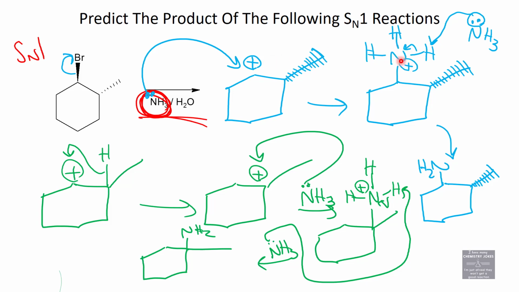When that nitrogen came in and attacked, it attacked an sp2 trigonal planar carbocation, so it could attack from both sides. So maybe I can use my newfound freedom and put a squiggle on that nitrogen. That squiggle actually represents how many molecules? Two. It represents this and that.